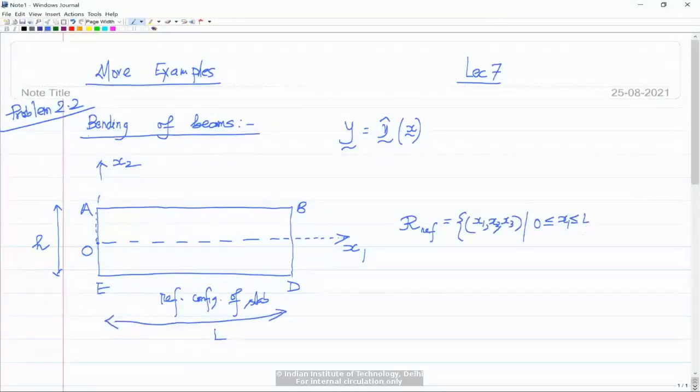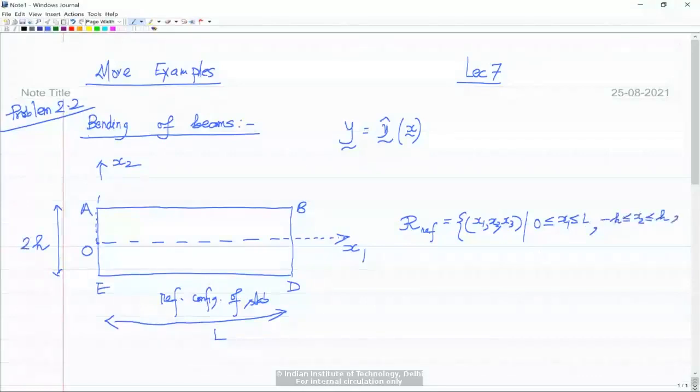Then for the x2 coordinate, I would say it is minus h less than or equal to x2 less than or equal to h. In the book it is like this, so I guess this height becomes 2h. Then the width, that's minus b by 2 less than or equal to x3 less than or equal to b by 2.